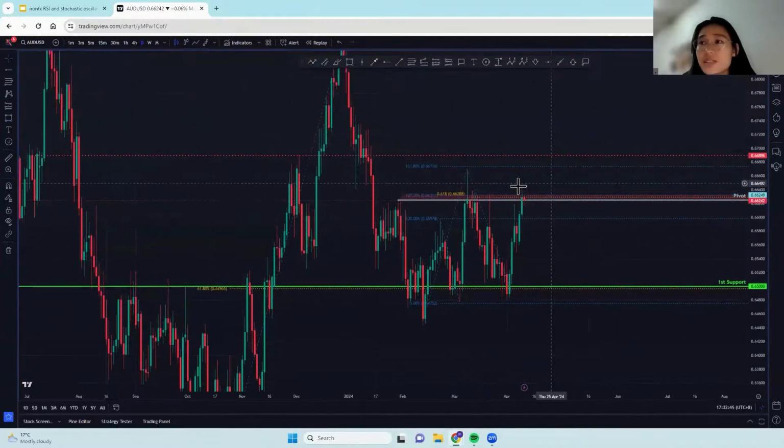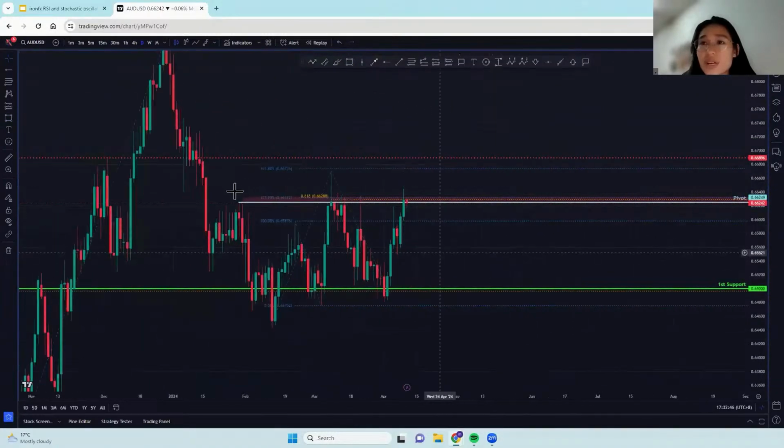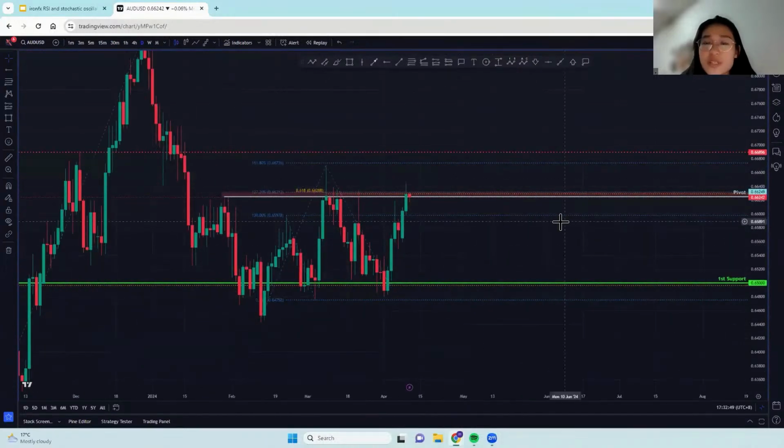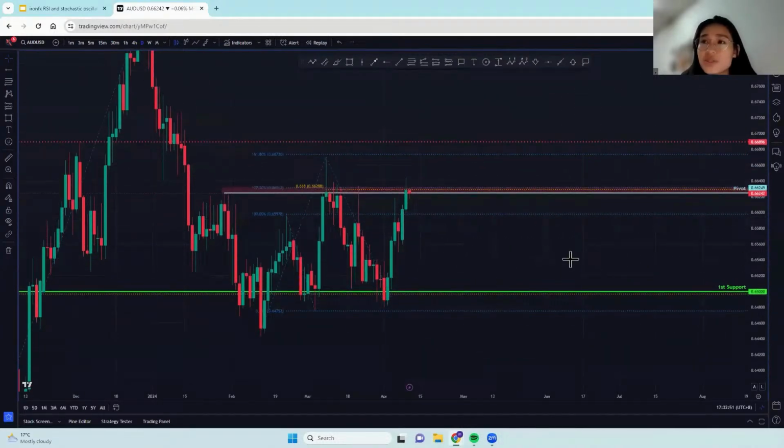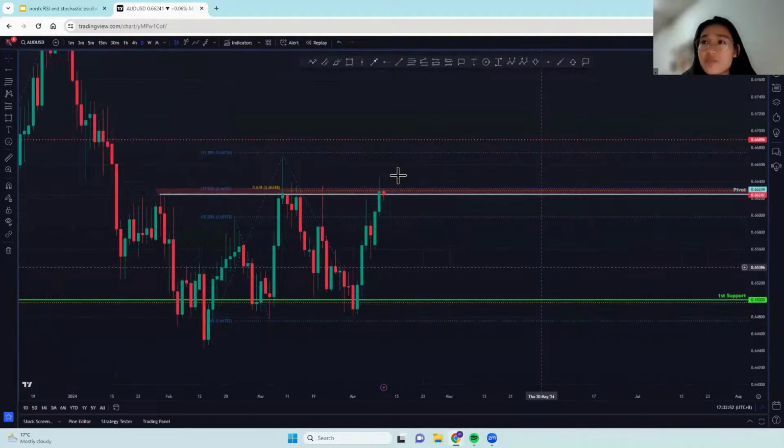Okay, so let me just highlight this level here because we have a confluence area, which is basically when two or more Fibonacci levels line up in the same area.